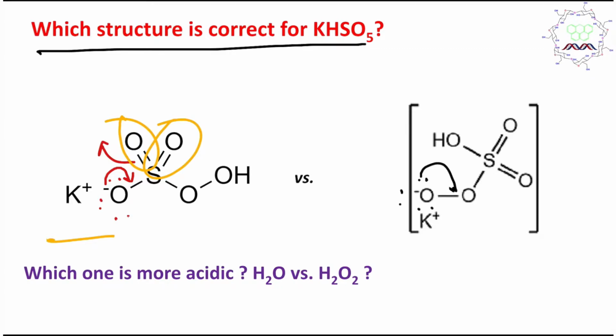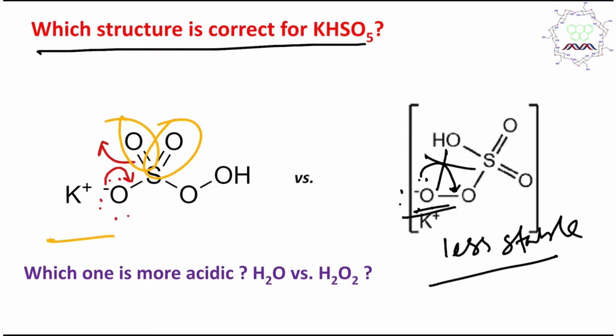Can it delocalize? Obviously no delocalization is possible, meaning the charge is confined on this peroxy oxygen. So that's why this is less stable. Consequently the negative charge will be concentrated on these oxygens, because three are equivalent due to resonance. I guess you understood.